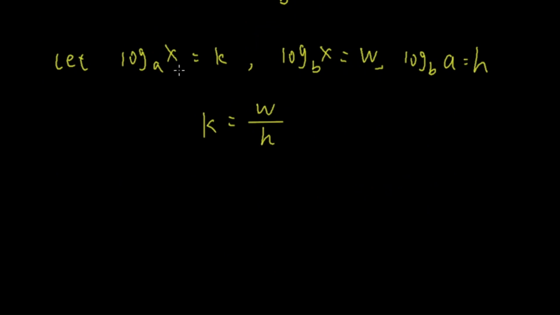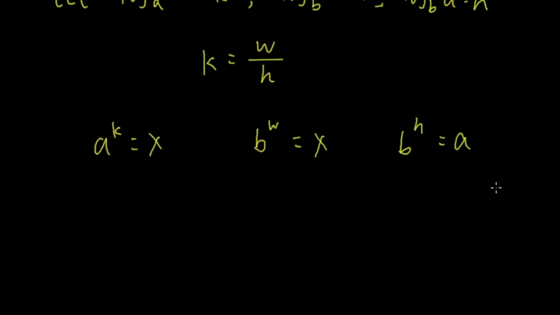From here, this means a to the power of k equals x. From here, that means b to the power of w equals x. And from here, b to the power of h is equal to a. So what I will do is, on this one here, b to the h to the power of 1 over h is equal to a to the power of 1 over h.